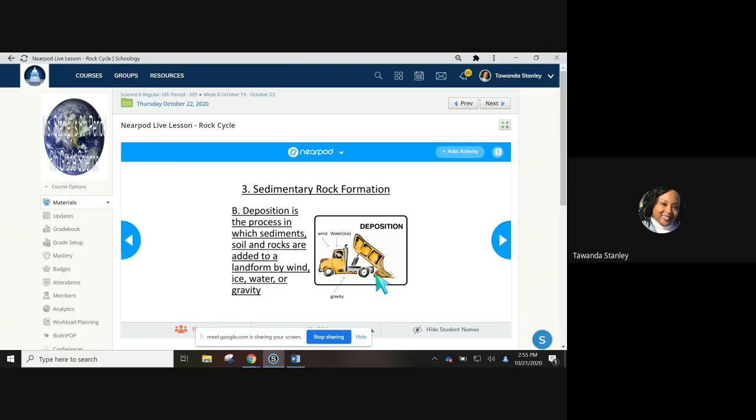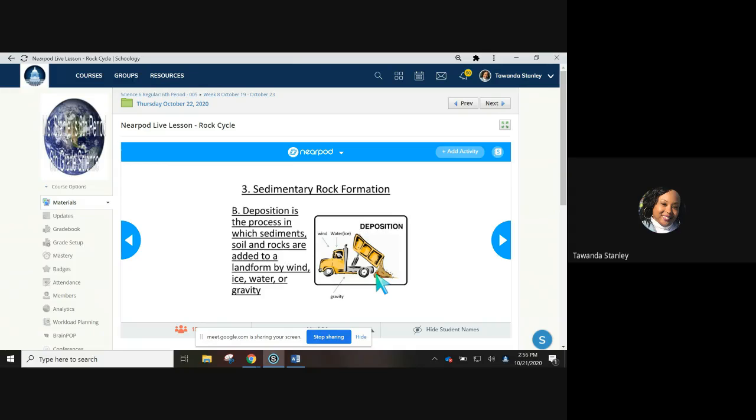And so to me, deposition has to do with the rocks piling up and being added to a particular landform, whether it's a river, a stream, a lake, any of those types of places. And it's not that the truck takes them to the landform, but they get to the landform by the wind blowing the rocks, or ice, or water, or gravity.